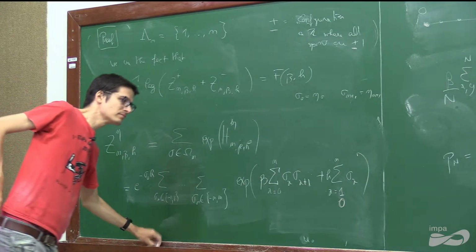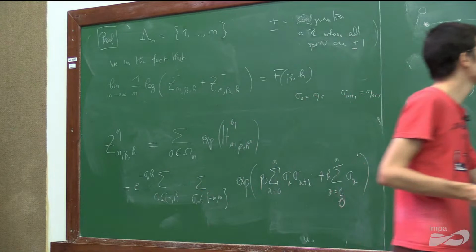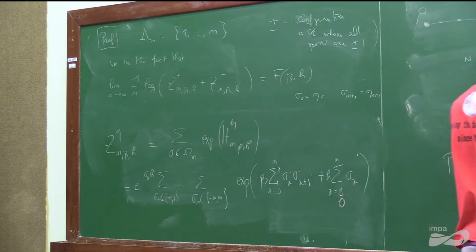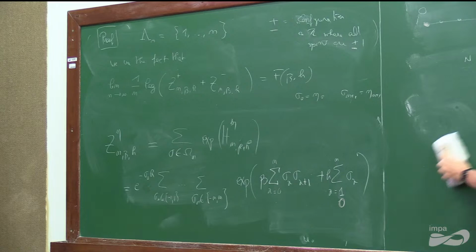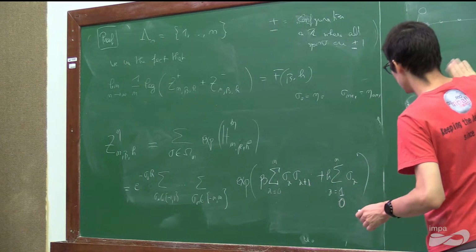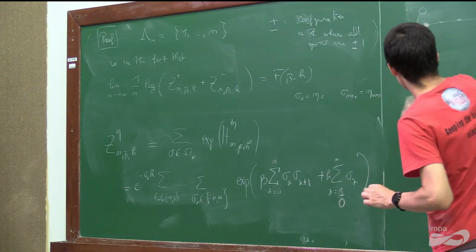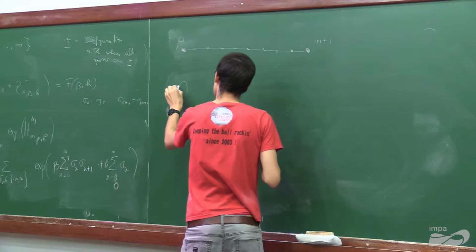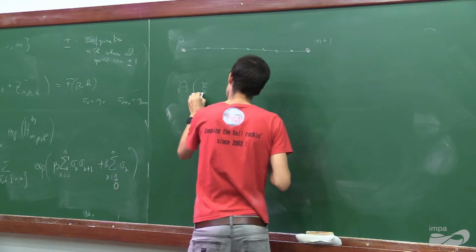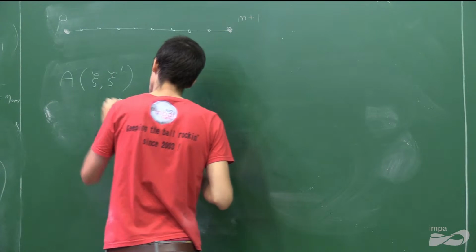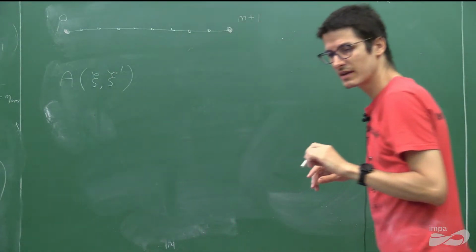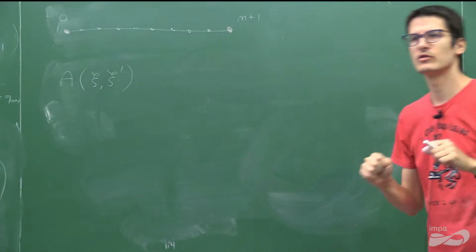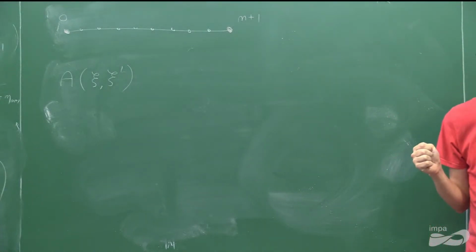Okay, so now I'm going to define A xi xi prime. A is going to be a 2x2 matrix, and my coordinates, instead of being 1, 2, 1, 2, are just plus 1, minus 1, plus 1, minus 1.